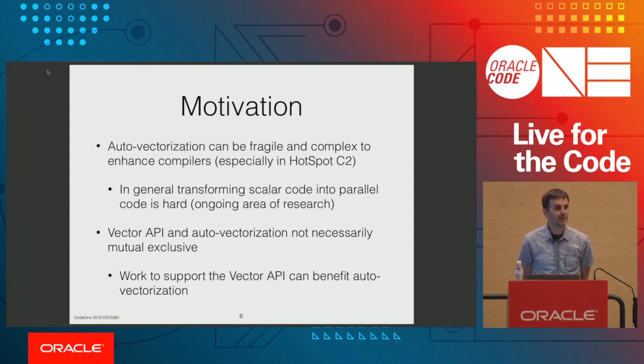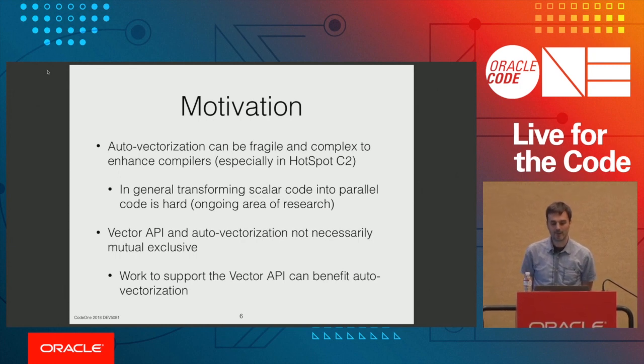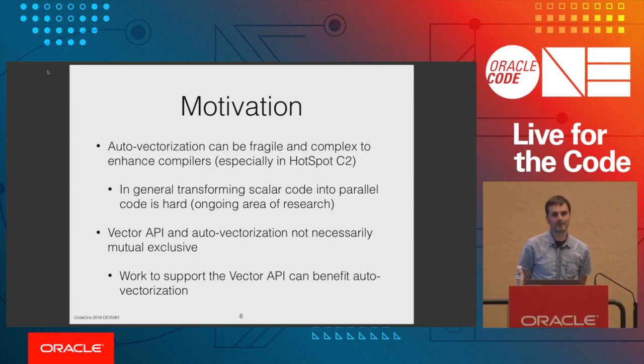So the motivation here is there's an auto-vectorizer already in Hotspot using superword analysis. This is actually pretty complex to enhance in C2. In general, auto-vectorizers work very well when they work, but they're kind of fragile when they don't.